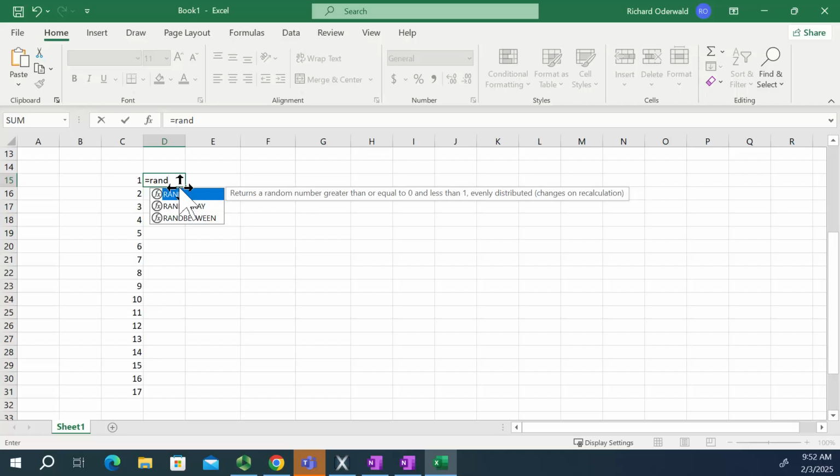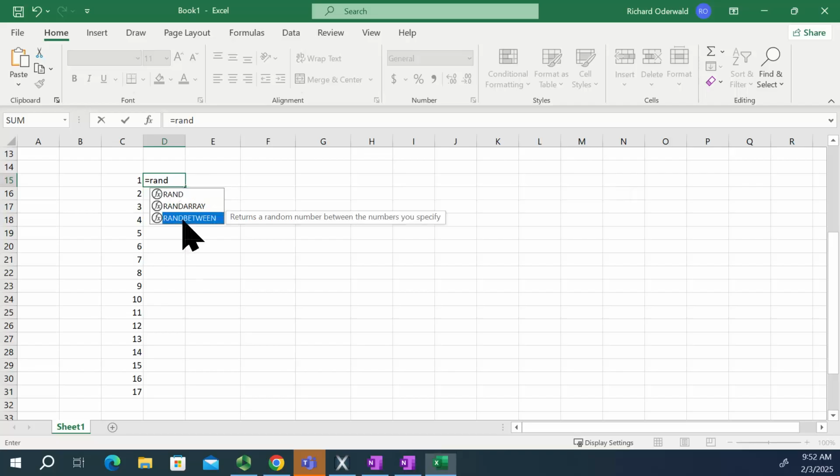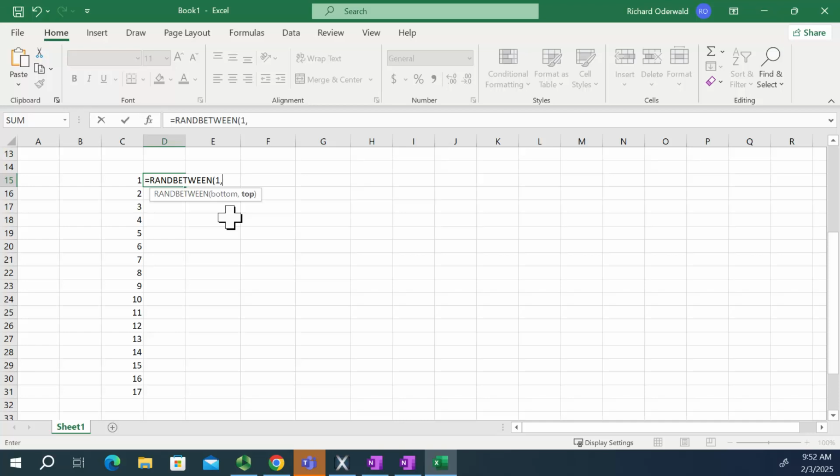And I want RANDBETWEEN. You can type the between or just double click on that. It will give me a random number between the limits that I specify. And I want 1 to 30. I'm just making this up. There's no particular reason for these numbers. It's just an example.